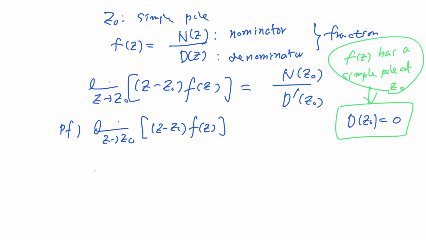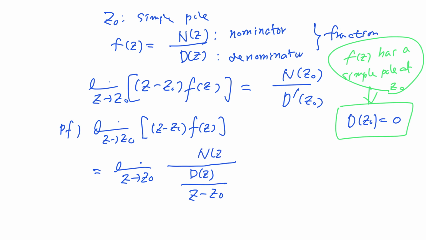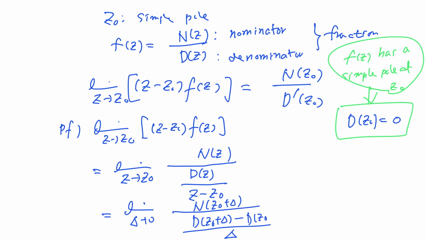So this is, you can say, the limit as delta goes to 0 of p(z naught plus delta) over [q(z naught plus delta) minus q(z naught)] over delta.